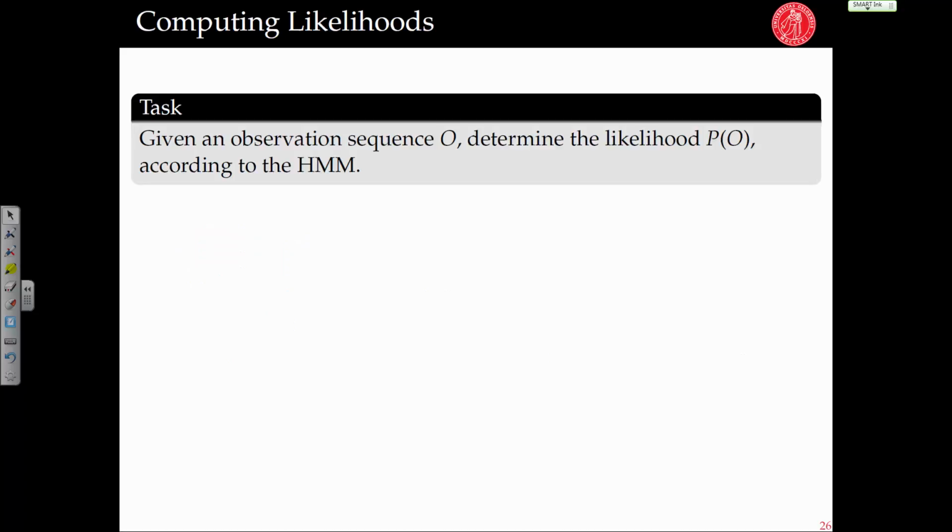So given an observation sequence O, we want to determine the likelihood P(O) according to some HMM.